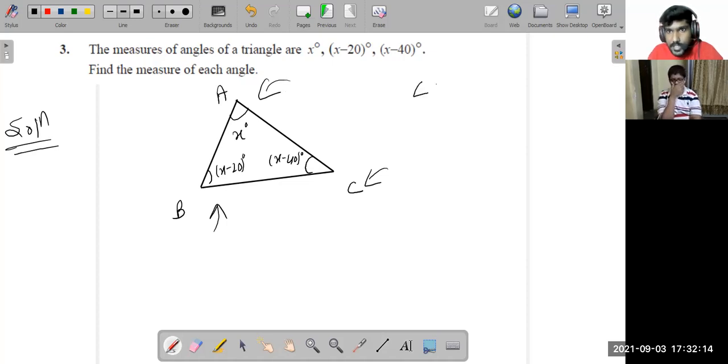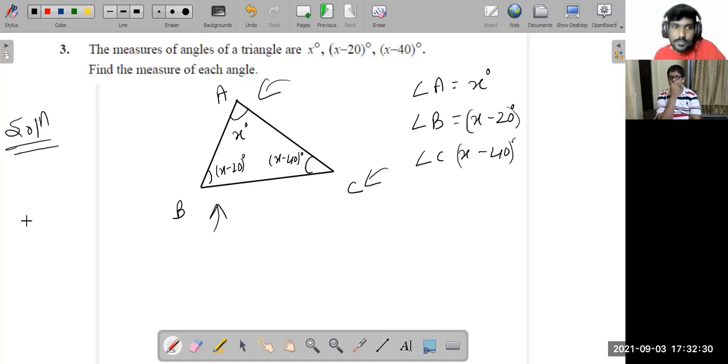Okay, angle A is x degree, angle B is x minus 20 degree. Angle C is x minus 40 degree. How to do this? First, find out the value of x.